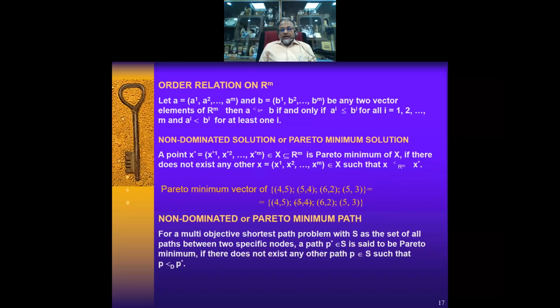That is condition number 1. And condition number 2 is A_i is strictly less than B_i for at least one i. Then only we can say that A is less than B in R power m. Then only we can say that, in the sense of minimization, A dominates B. If it is in the maximization sense, B dominates A.